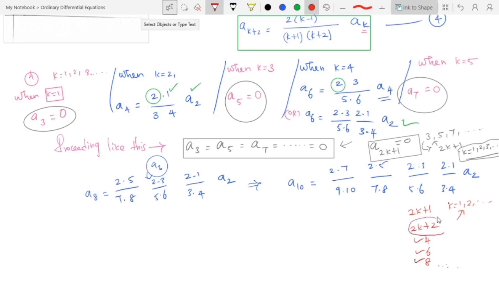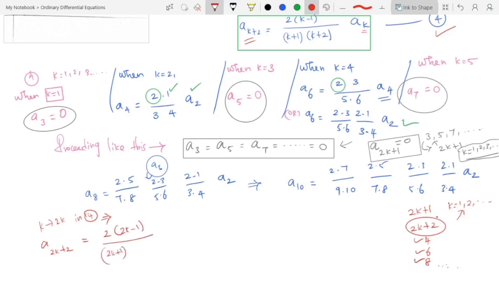In order to get 2k plus 2, we have to replace k by 2k in equation number 4. So replacing k by 2k in equation 4 implies a suffix 2k plus 2 is equal to 2 into (2k minus 1) whole divided by (2k plus 1) into (2k plus 2), into a suffix 2k.